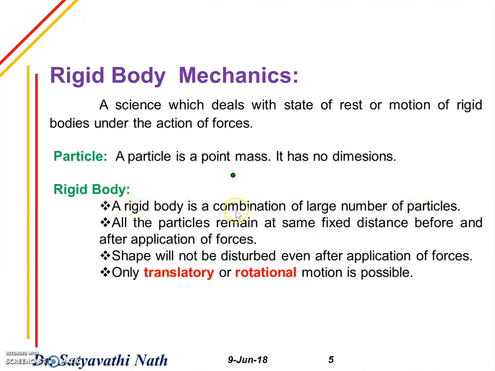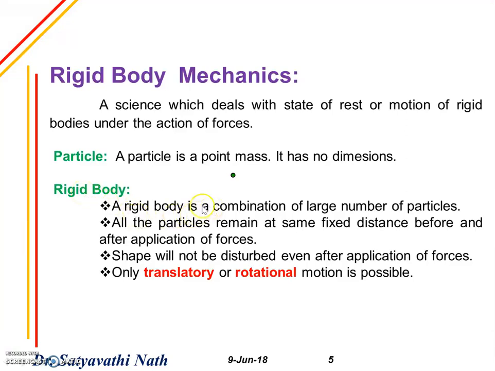In a rigid body, the particles remain at some fixed distances between them. But even after the application of forces also, if that fixed distance remains same, then only we can call that body as rigid body.